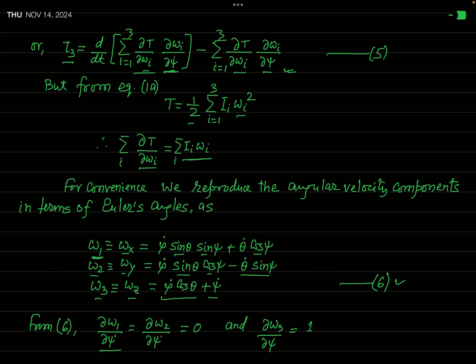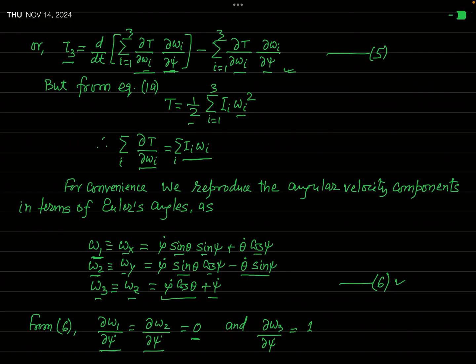So its partial derivative with respect to psi dot will be equal to 0. And similarly, omega 2 is also not an explicit function of psi dot. Therefore, the partial derivative of omega 2 with respect to psi dot will also be 0.